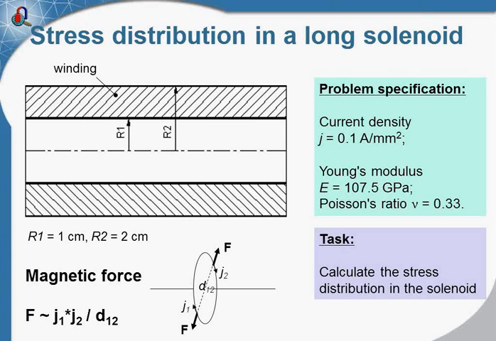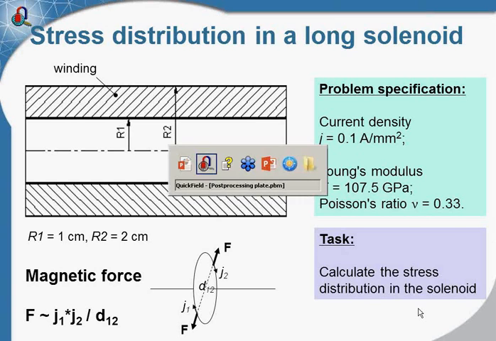In short, the force is in direct proportion to the currents product and in inverse proportion to the distance between the currents elements. And the best way to calculate the magnetic force is to perform the magnetic analysis. So I will start QuickField.